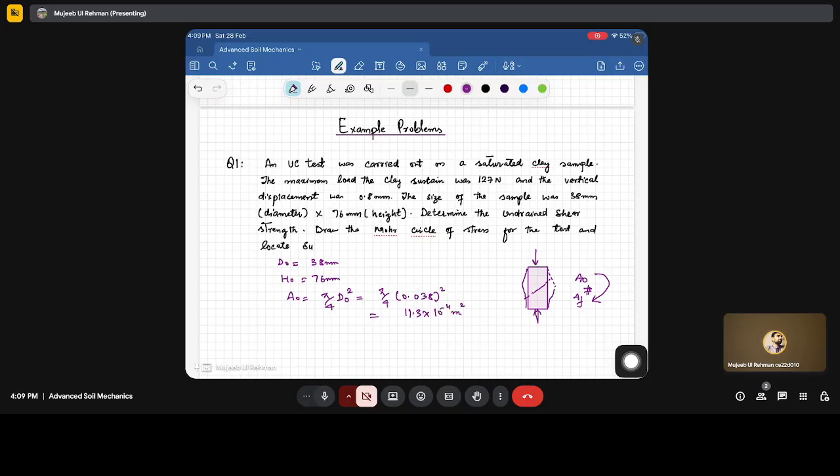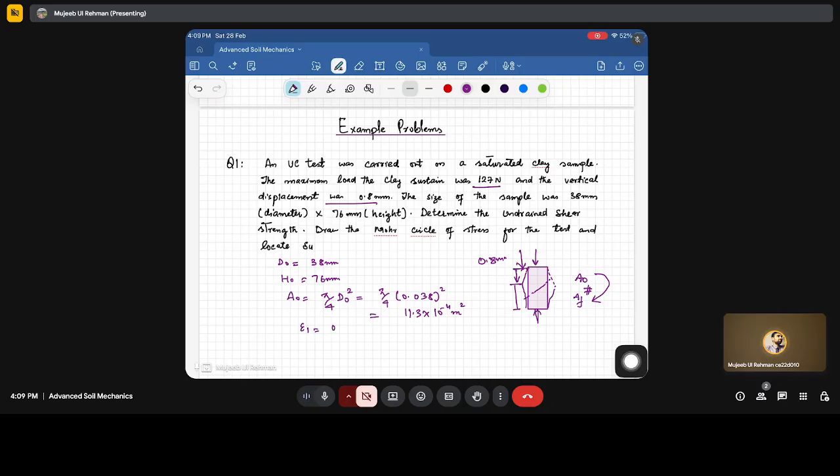Now the maximum load the clay sustained was 127 Newton, and the vertical displacement was 0.8 mm. The vertical displacement means, let's assume we have a displacement transducer connected right here. If it shows a reading of 0.8 mm, it means the height of the sample has reduced. So what is the axial strain due to this compression?